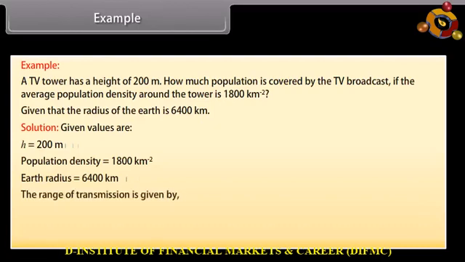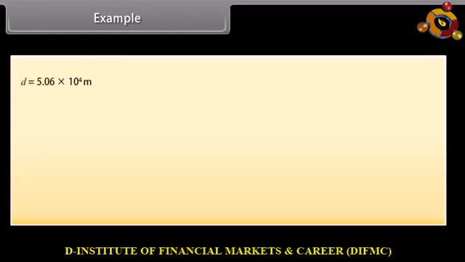The range of transmission is given by D is equal to under root 2HR. Now, put the values and calculate. We get the value of D is equal to 5.06 into 10 raised to the power 4 meter. Area covered by transmission is equal to pi d square.